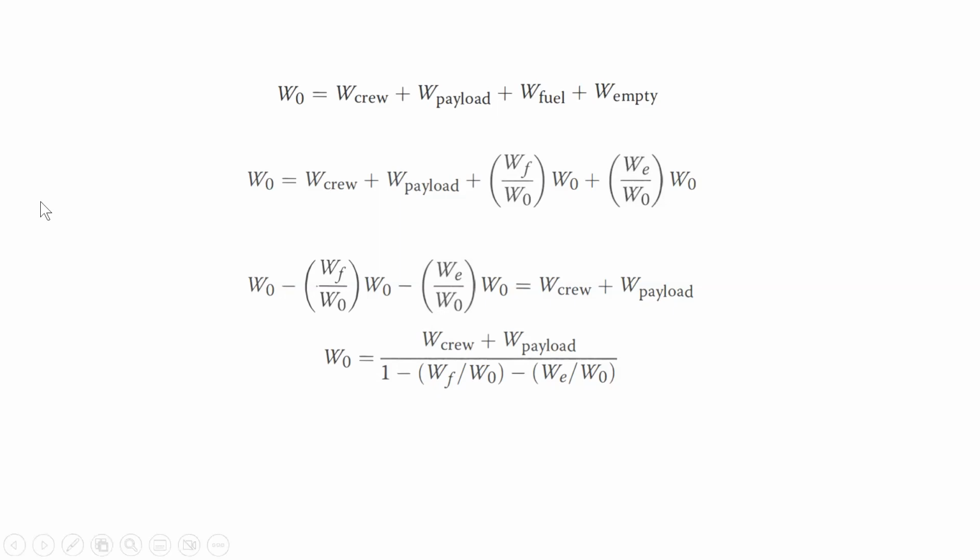We can predict them in advance, depending upon what kind of mission we are flying and what kind of aircraft configuration we are choosing. So what kind of configuration we are choosing guides us to compute the empty weight fraction, and what kind of mission we are going to fly guides us in calculating the fuel fraction in advance.